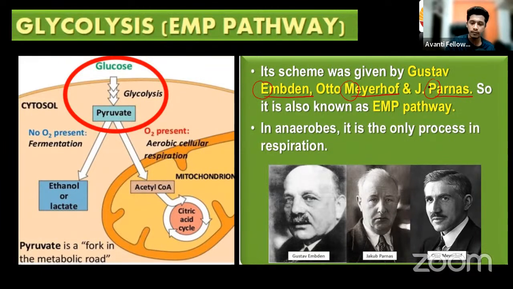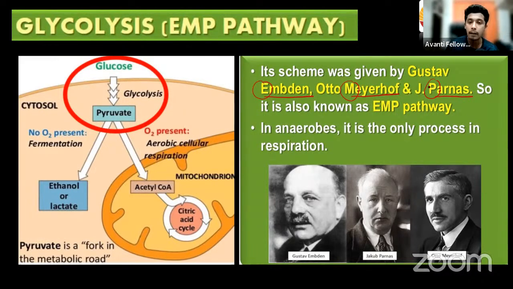Okay, fine. Whenever we talk about anaerobes, I told you glycolysis happens in the absence of oxygen, isn't it? Even in us, glycolysis happens when, for example, you're running. Whenever you're running, your body cannot supply the amount of oxygen that your tissues require because your tissues are burning more energy.